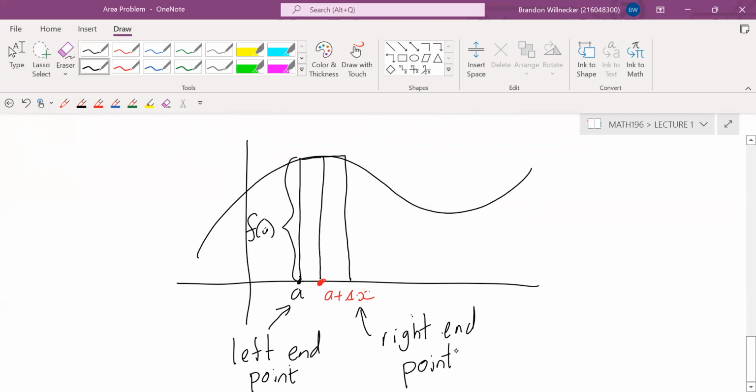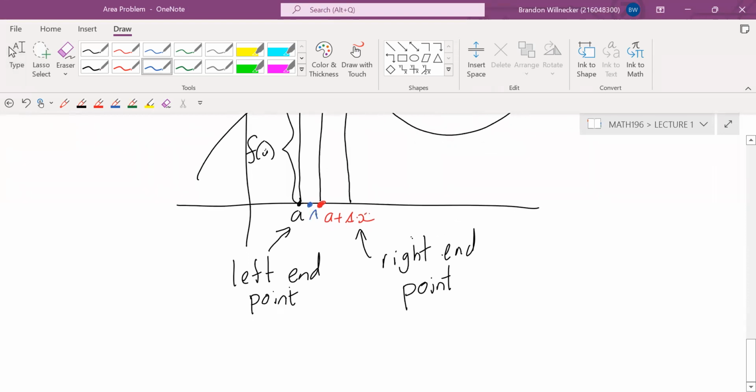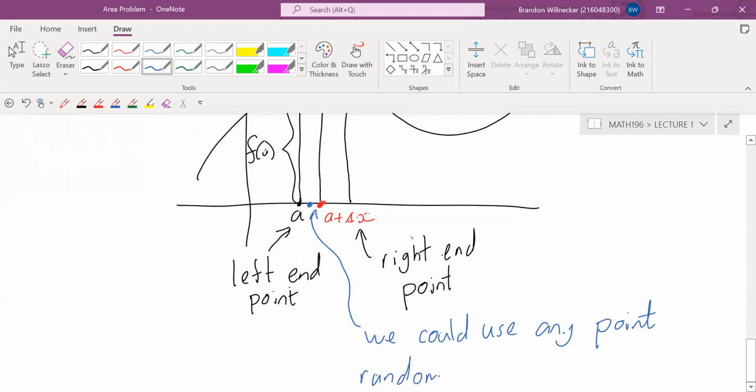Or in fact, we can use any point between the left endpoint and the right endpoint. No one says that we can't use the point in the middle. So let's just make a little note here. We could use any point. We call this a random sample point.